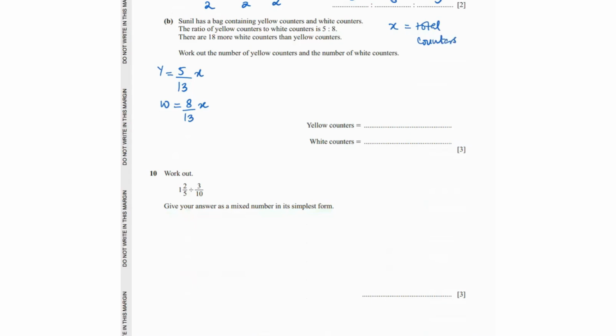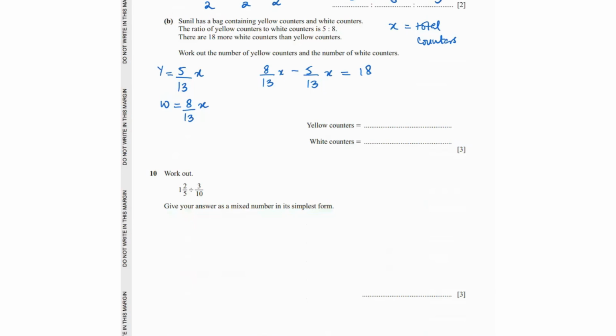So there are 18 more white counters than yellow counters. So that means 8 over 13 x minus 5 over 13 x equals 18, because when you subtract the number of white counters and yellow counters, there will be more white counters.